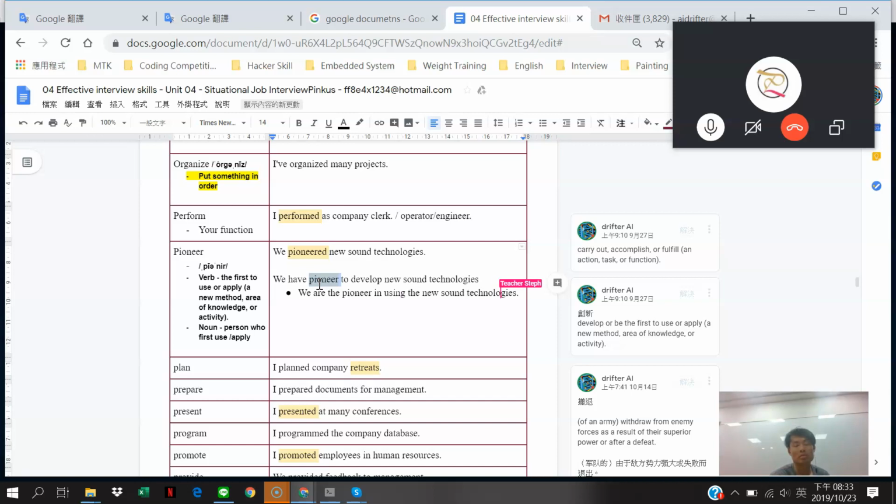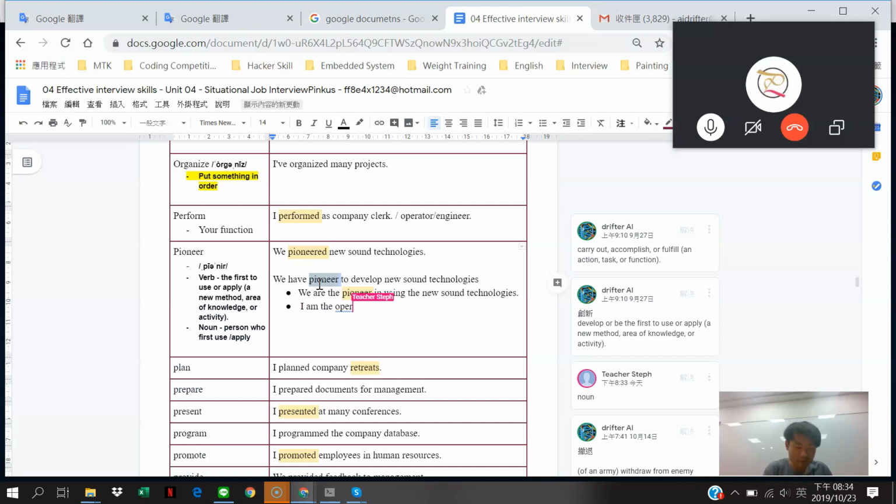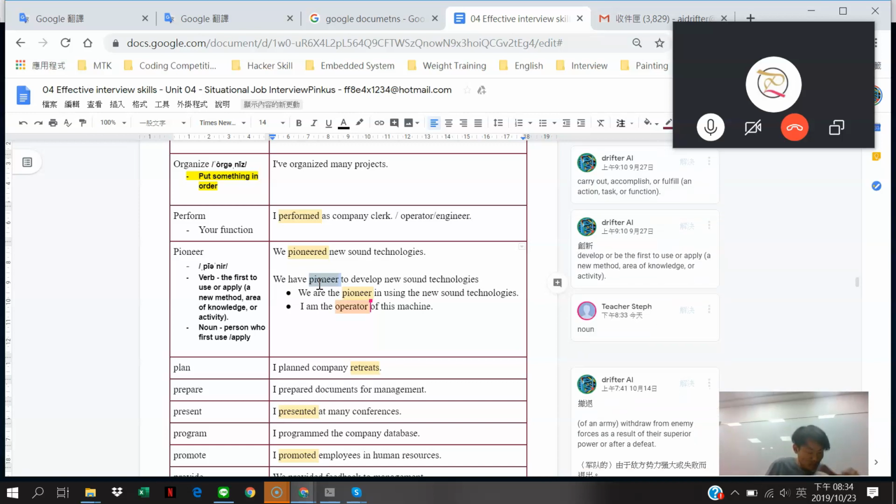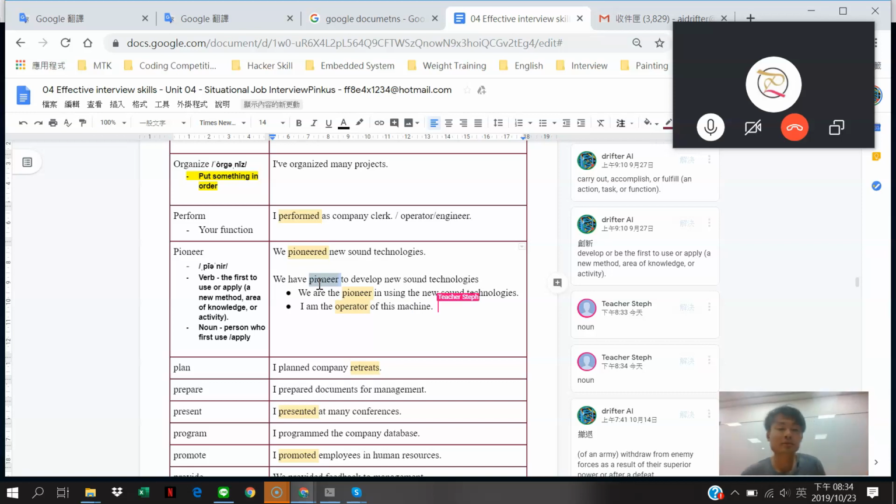Here, we are the pioneer, which means we are the first people or the first person using the new sound technology. So this time, pioneer is a noun. It's the same thing as when we say operator: I am the operator of this machine. Operator is a noun too, and it refers to a person who does the action.